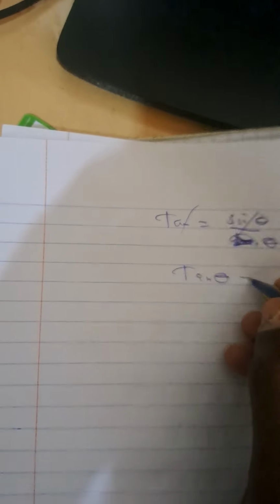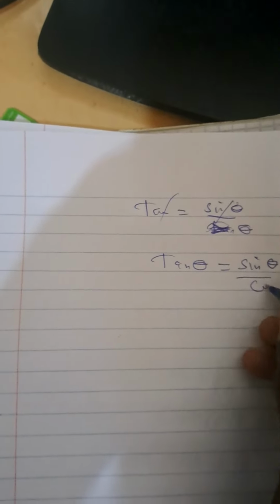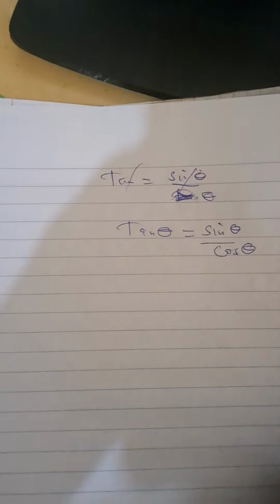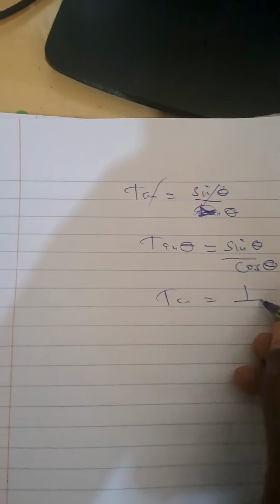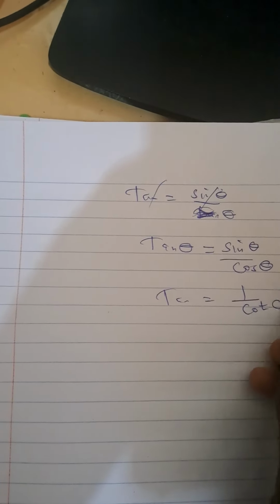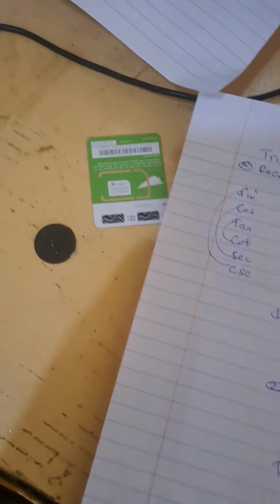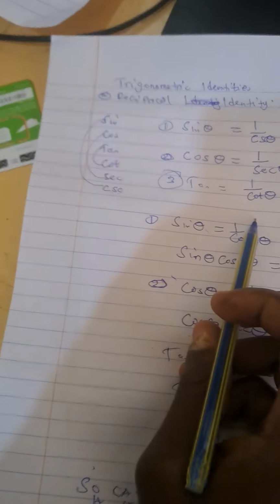Tan theta is equivalent to sine theta over cos theta, like that. And again, we know that tan theta is also equal to 1 over cot theta. Just the way we said, let me show you whatever we said. We said that tan is given by 1 over cot theta, the reciprocal of cot theta.